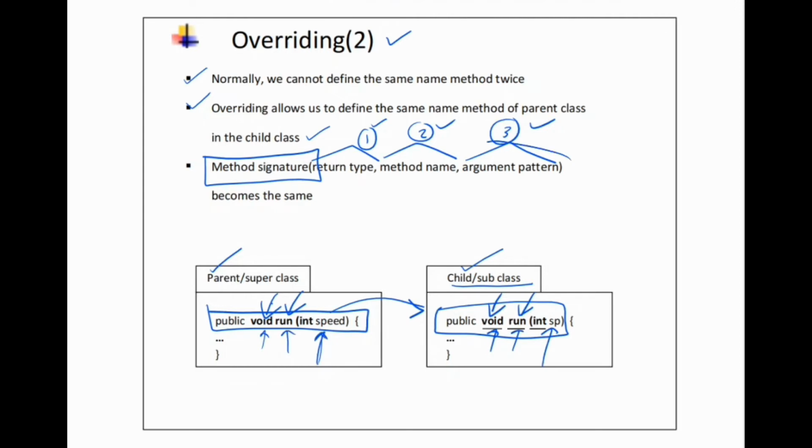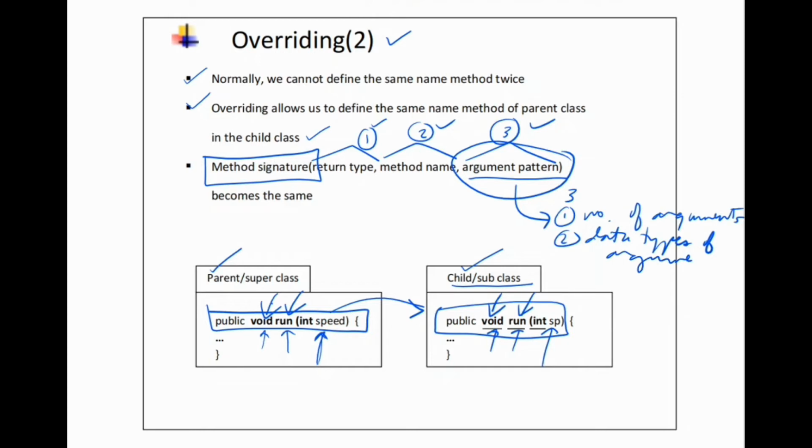And for argument pattern, there are three items to look into so that we could say that they are the same argument patterns. What are these three? Recall, first is number of arguments, second is data types of arguments, and third, the order of the arguments. Particularly, we look into the order of the arguments data type.